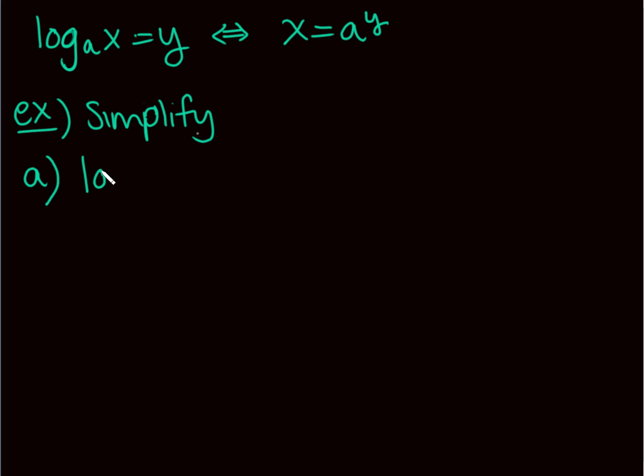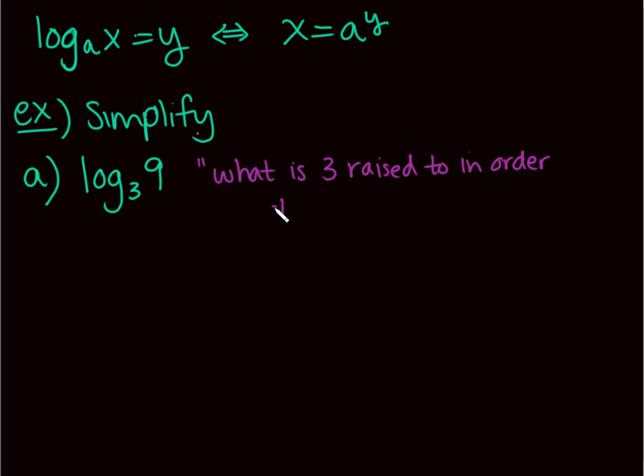So for example, something like log base 3 of 9. What you want to think of this as is asking: to what exponent is 3 raised in order to get 9?